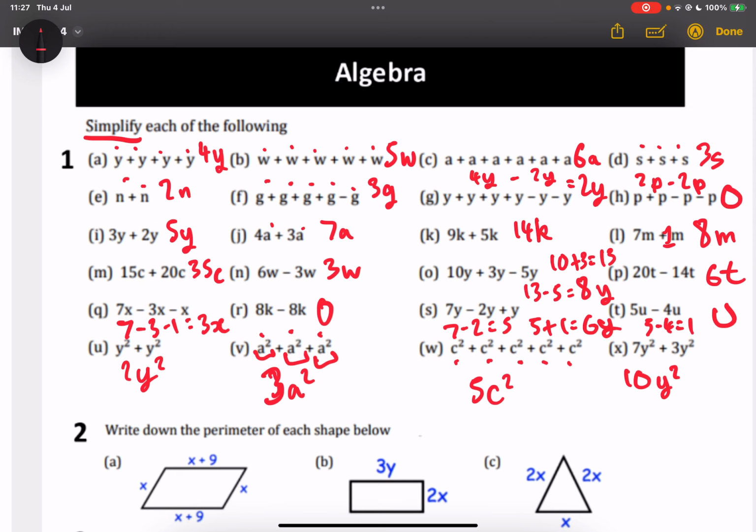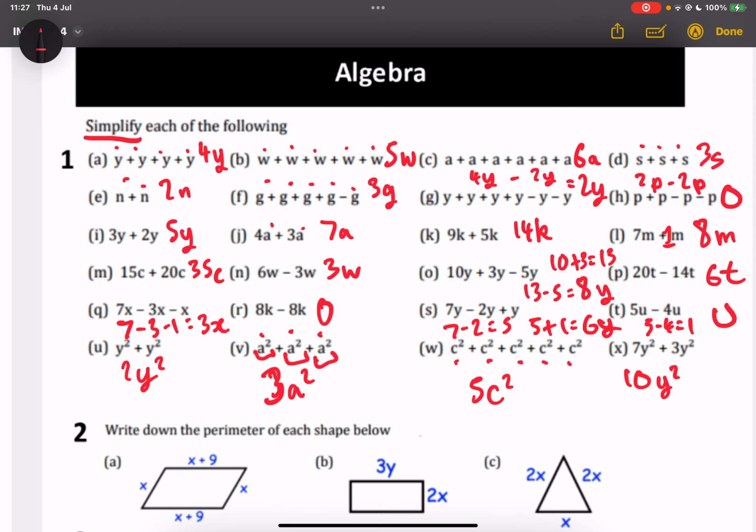And then we have question 8. If a is 7, b is 10, c is 3, d is 8, and e is 15, find the value of each expression. So a plus 5 is 7 plus 5, which is 12. Then b minus 4 is like doing 10 minus 4, which is 6.